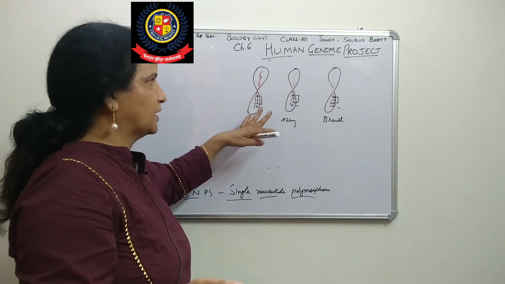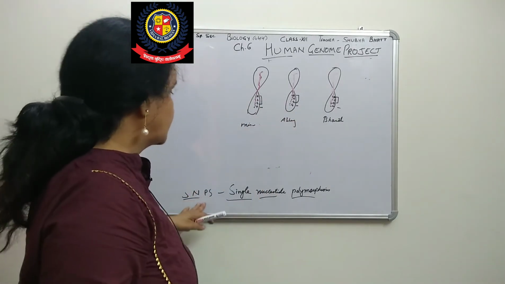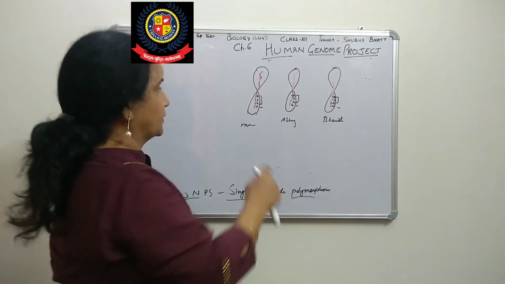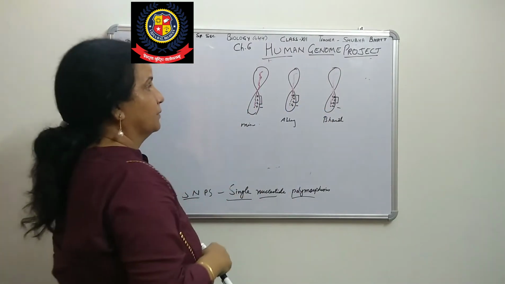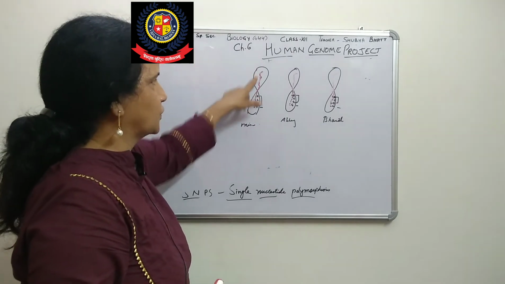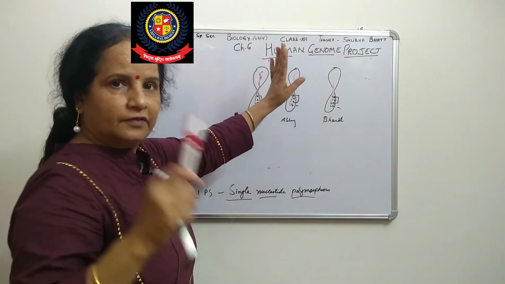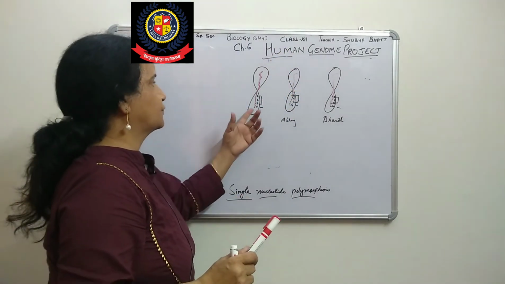It means all these are the same, but in the last one, these are called single nucleotide polymorphism. The structure is different here because of T, because of G, because of C. Others are the same, so that is a single nucleotide. We have taken only a single nucleotide in all three, and in that single nucleotide we have seen a difference.